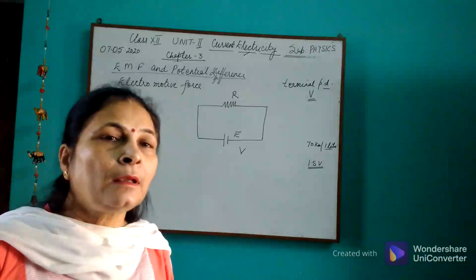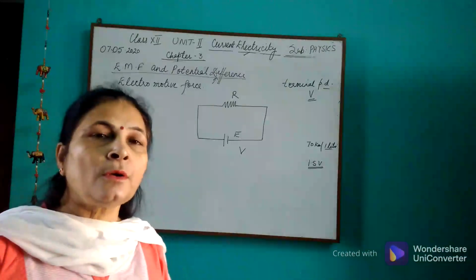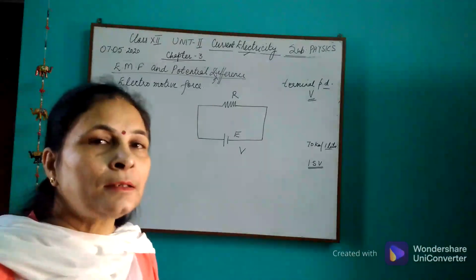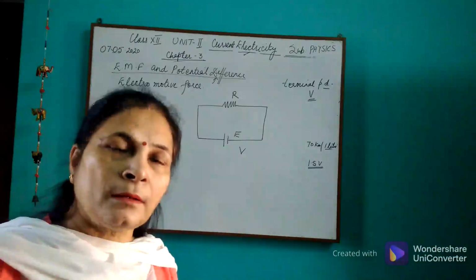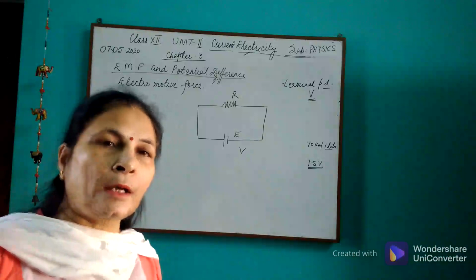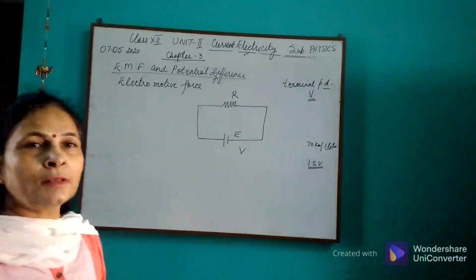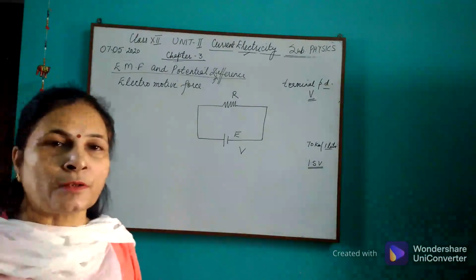Potential difference means there is a difference in concentration of charges at the two terminals. Where the negative charges are, it is said to be at negative potential. Where the positive charges are, positive potential.